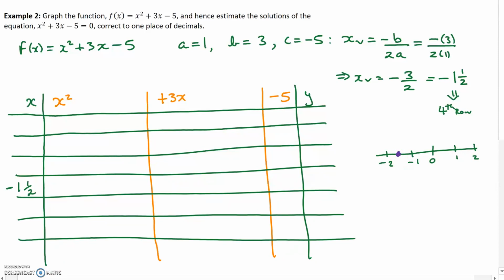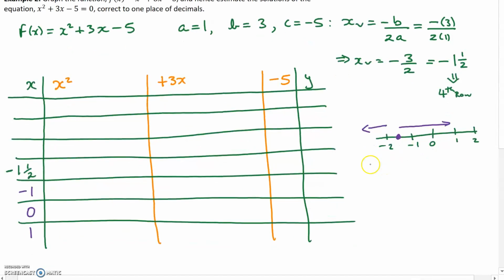So then we can tell what numbers are on either side of that. We're going to take 3 numbers on this side, and 3 numbers that way as well. So if we have negative 1.5, we'll have negative 1, 0, and 1. And if we go back, it's going to be negative 2, and then negative 3, and negative 4.